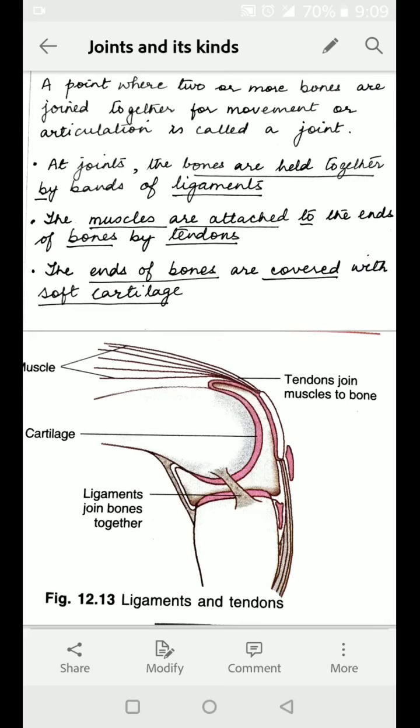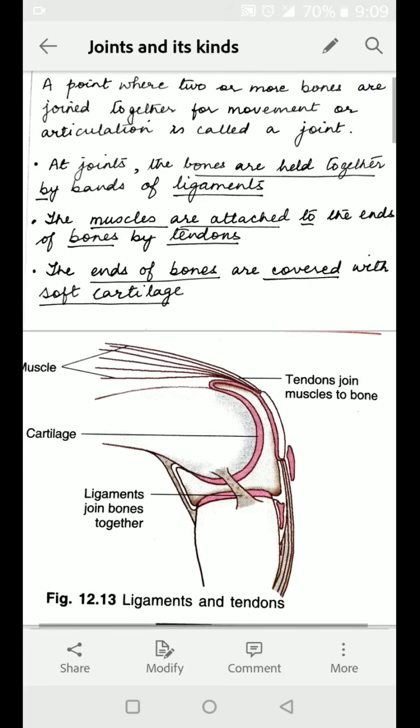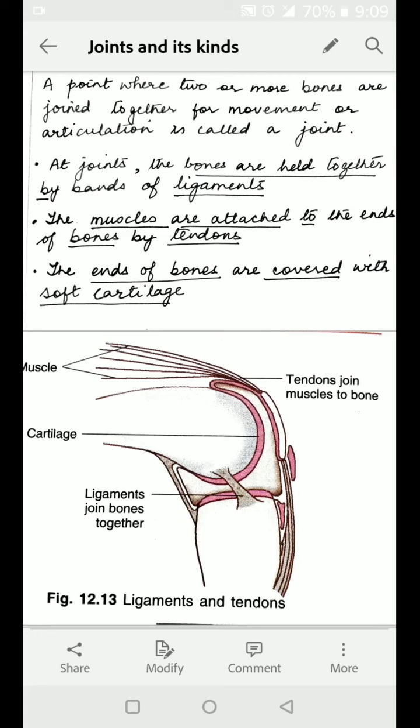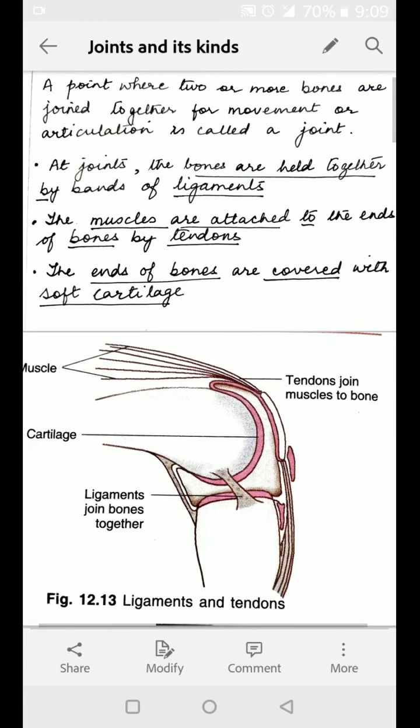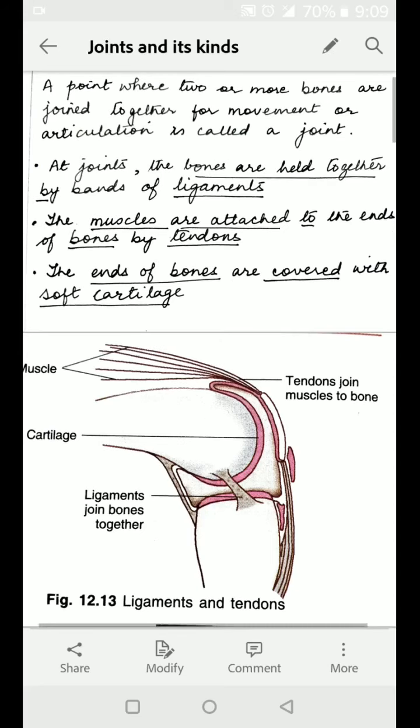It reduces friction between the bones and also absorbs the shocks. The cartilage pads are present between the vertebrae and at the end of long bones also.